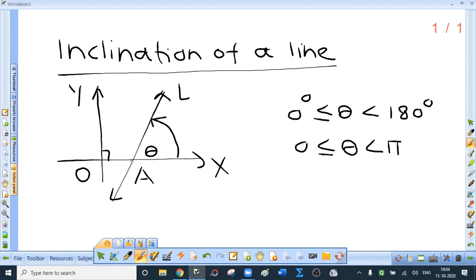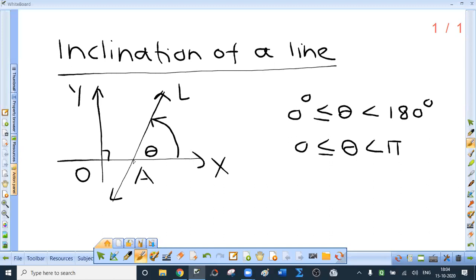Once again, I will repeat the definition. What is inclination of a line? Angle made by the line with positive direction of x-axis is called as inclination of a line. It is usually denoted by theta, 0 degree less than or equal to theta less than 180 degrees. What will be the inclination of y-axis? 90 degrees.